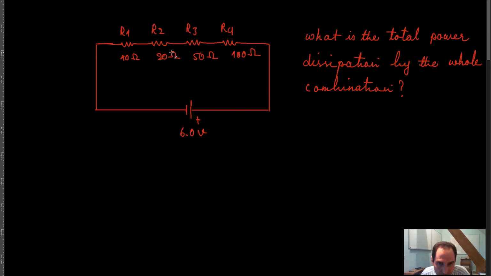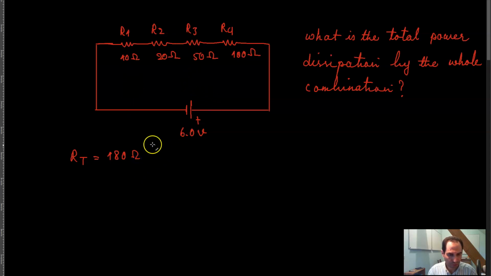The total power dissipation in the circuit is always equal to the power dissipated by each of the resistors, which means that you can also calculate the total resistance in the circuit, and from that calculate the power dissipated in one single resistor. So you have 10 plus 20 plus 50 plus 100, which is 180 ohms. R total of this circuit, the total resistance, is 180 ohms, right?